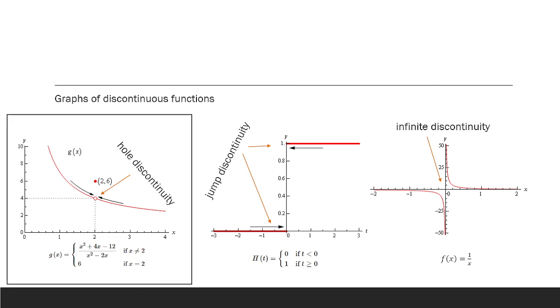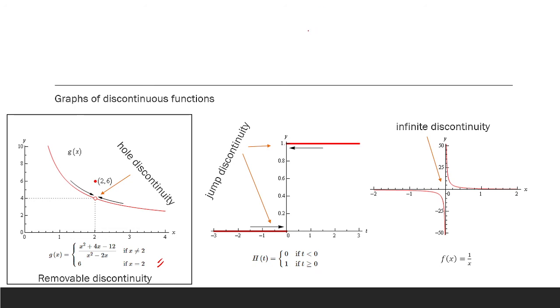Now, we can further classify itong mga discontinuity na to. So, itong si hole discontinuity, if we will remove, diba, if we will remove the condition that at x is equal to 2, your function g of x is equal to 6, we can remove the discontinuity. So, kaya ang hole discontinuity, it is a discontinuity na tinatawag din natin na removable discontinuity because we can remove the discontinuity by removing certain parts of our equation.